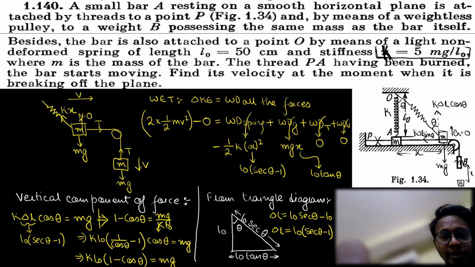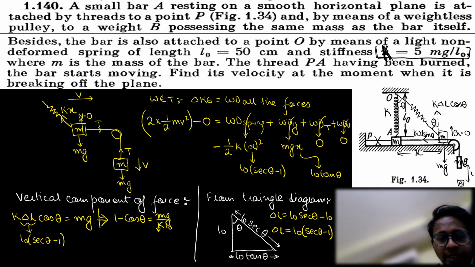So K is equal to 5 mg by L naught. Out here this L naught would get cancelled, mg and mg would get cancelled. Fair and fine.